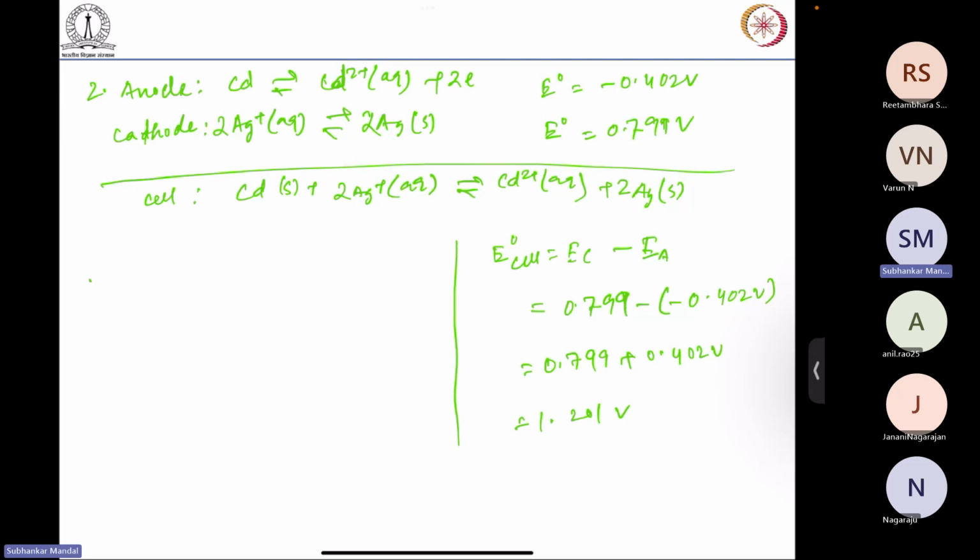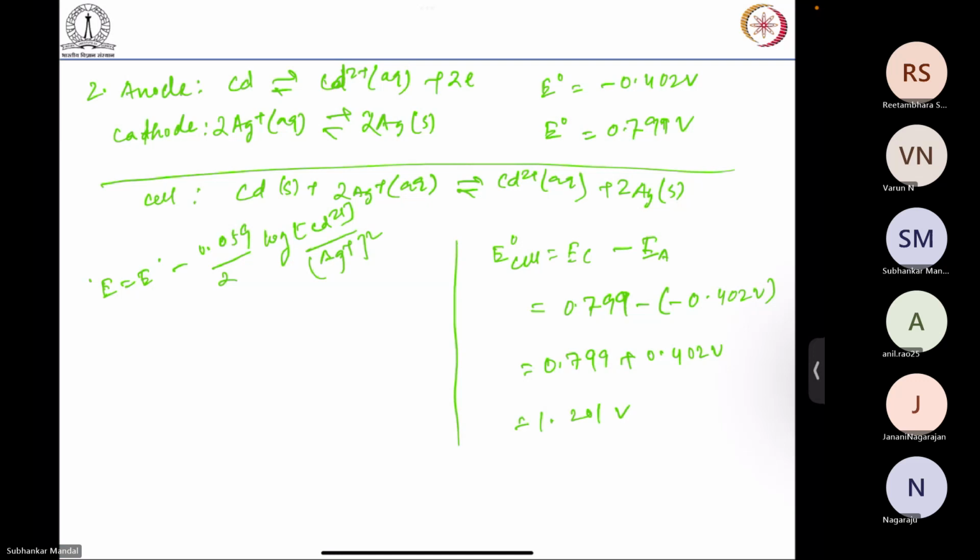Nernst equation, you know, no? E is equal to E naught minus 0.059. This is a 2 electron process, so 2, log of, as I have given here, cadmium 2 plus and Ag plus whole square.